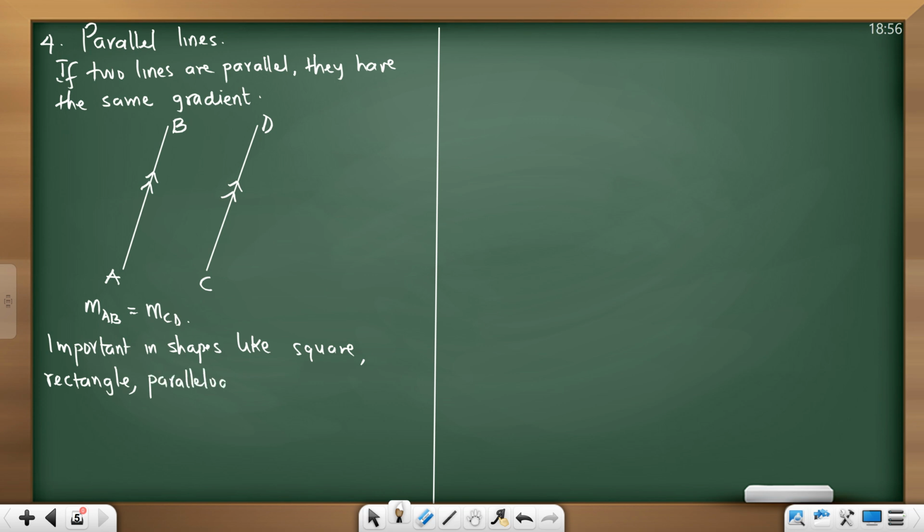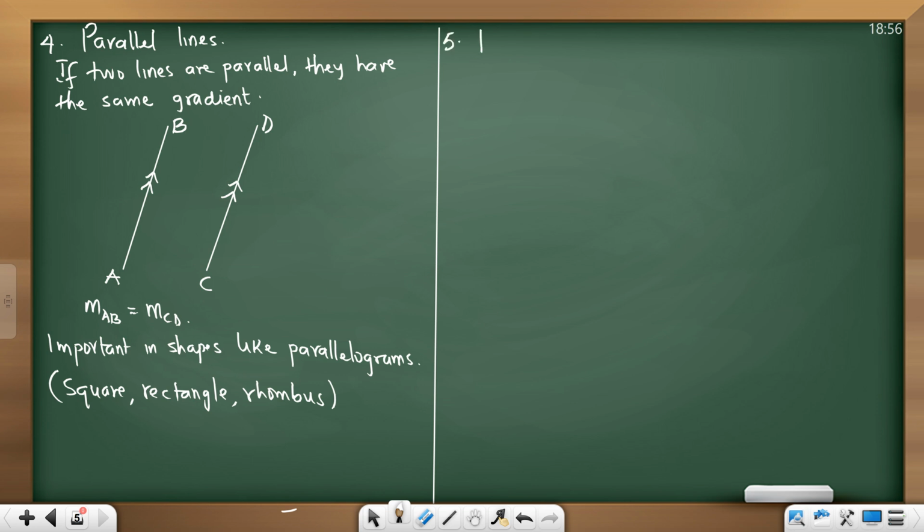I should have actually used that word. Because everything I'm writing, they're all parallelograms. So you have your square, your rectangle, your rhombus, anything parallel.